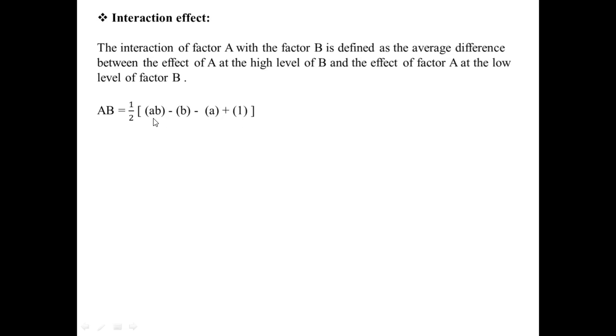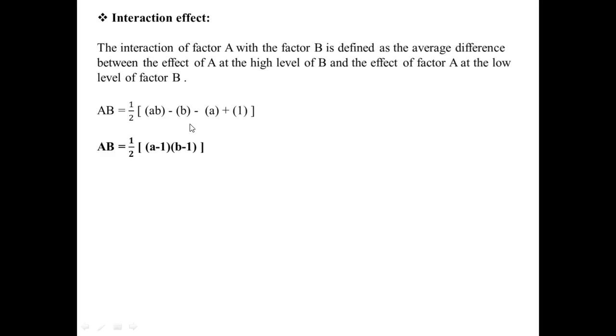So when we take the difference of these two effects of factor A at the high level and low level of factor B, we get the interaction effect of factor A and factor B. So this effect can be written as AB equals 1/2 in bracket (A - 1) into (B - 1). If we simplify these two brackets, we get these equations.